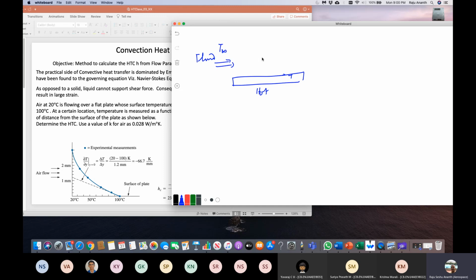So you find that the temperature is T infinity here, and it goes like this. All right. So if I know how much the heat transfer is, this is basically the temperature profile.